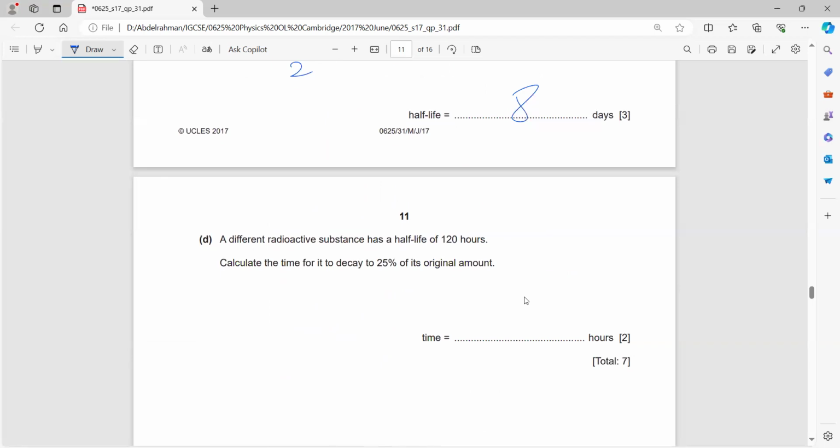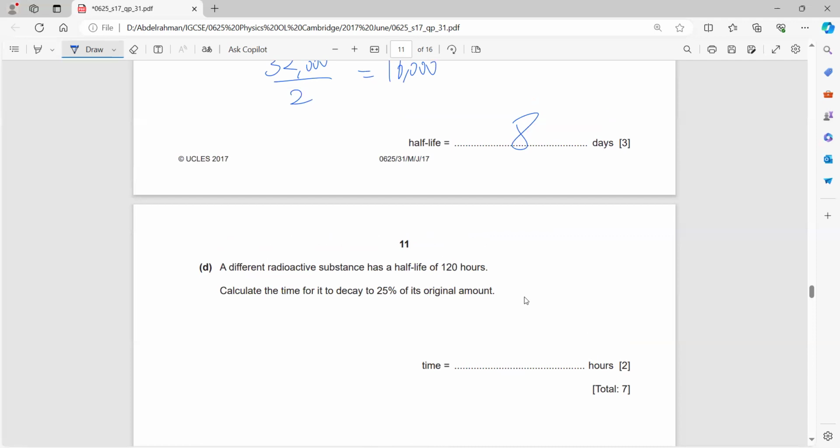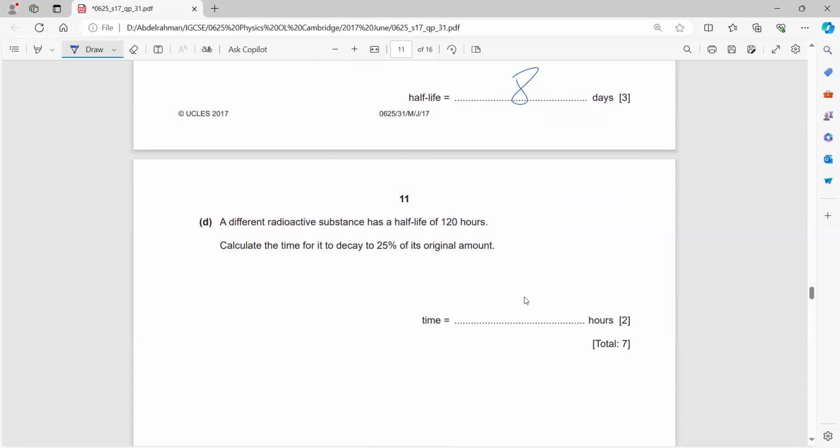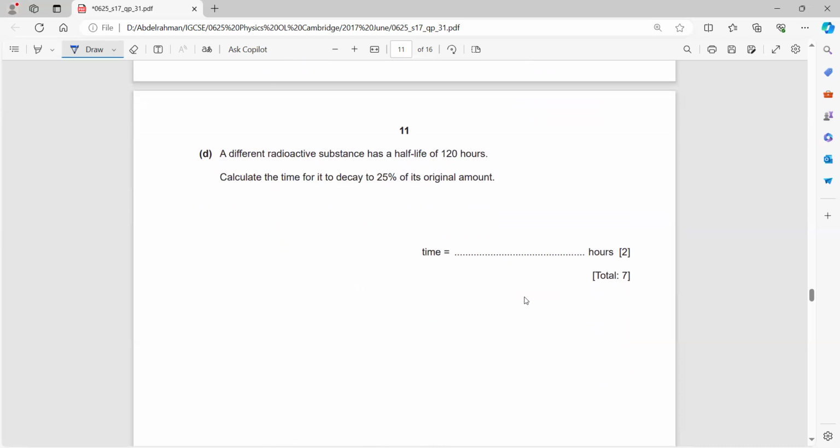Okay. A different radioactive substance has a half-life of 120 hours. Calculate the time for it to decay to 25% of its original amount. How long should it take? I need someone to help me out. What should I do and why?